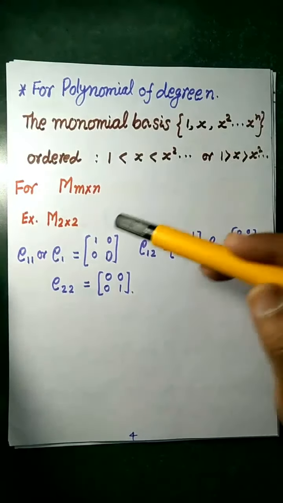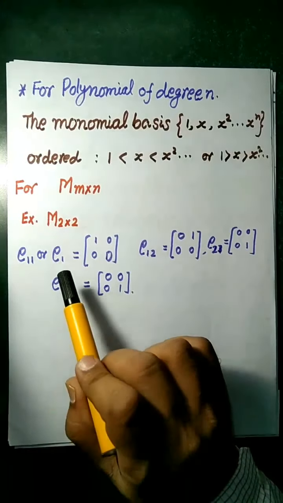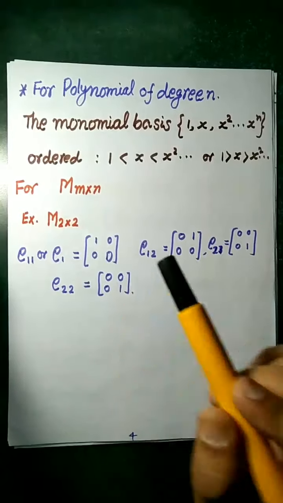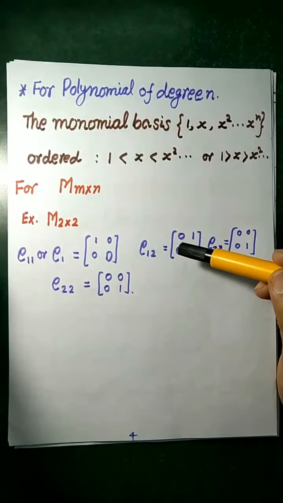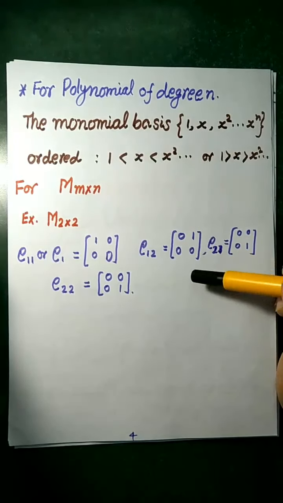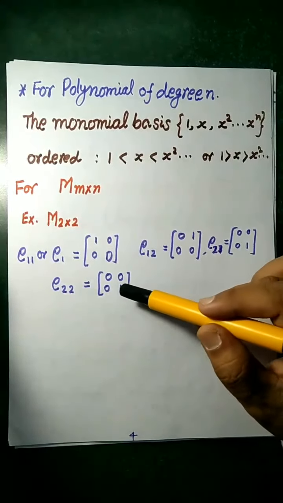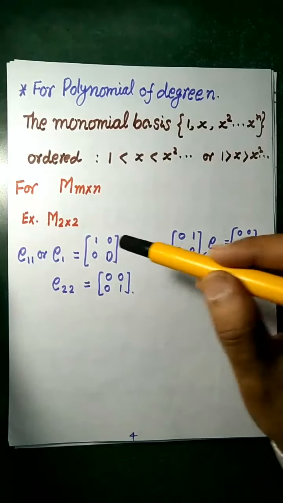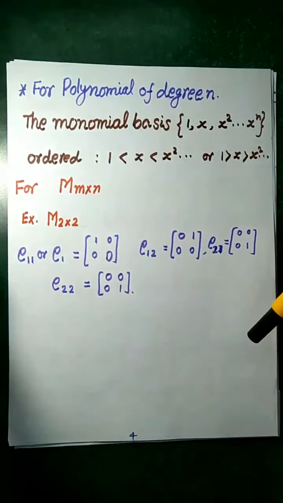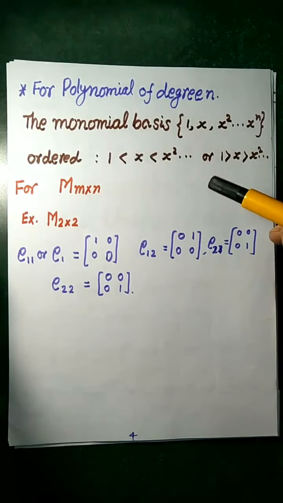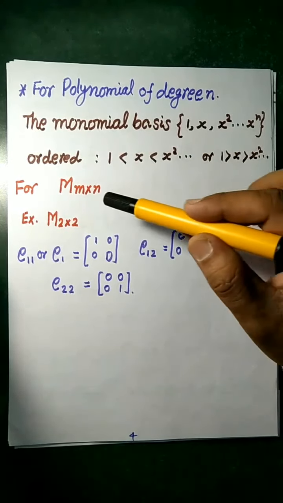So we can say E11 or E1 is (1 0; 0 0), E12 or E2 is (0 1; 0 0), E21, E22. These are the standard basis for matrices of order 2 by 2. Similarly, we can write the standard basis of matrices of any order.